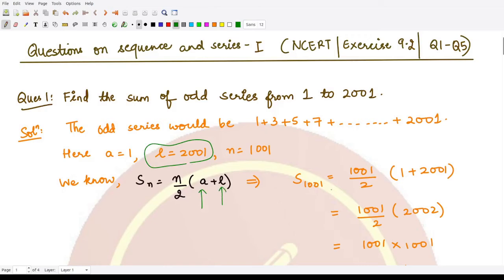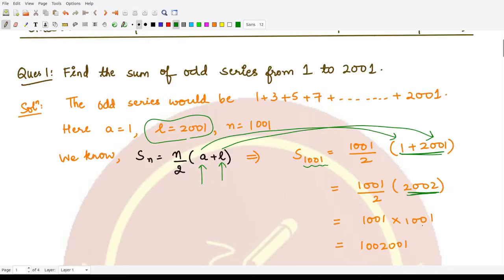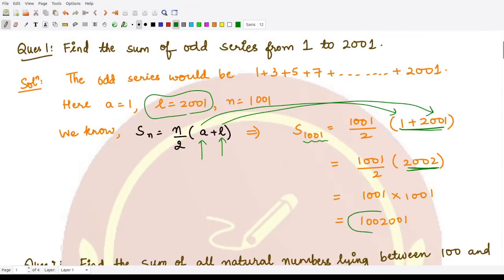So the sum of 1001 terms, n is 1001, divided by 2, times the first term a, which is 1, plus the last term l as 2001. So it would be 2002, and then we can simplify this so that we would have the final answer as this one, right?